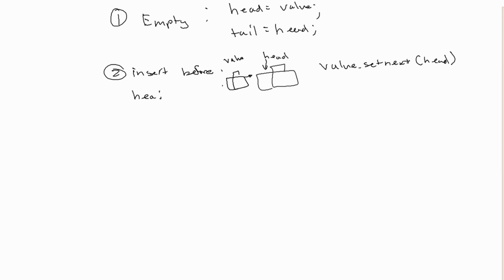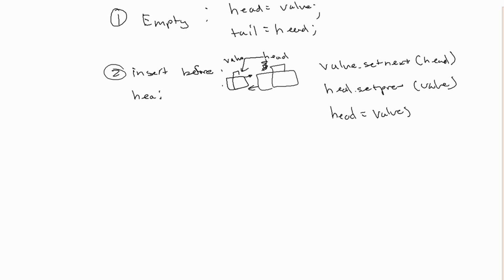And after we've set this, we've created this link, and then we are going to have to do head dot set prev, and then we're going to have our value. And that's because we need to make this link back here. Once we've made these links, what we're going to need to do is we are going to set the head to this value, because it's no longer going to be pointing in here. So since we're just reassigning the head, we're going to say head is equal to value.